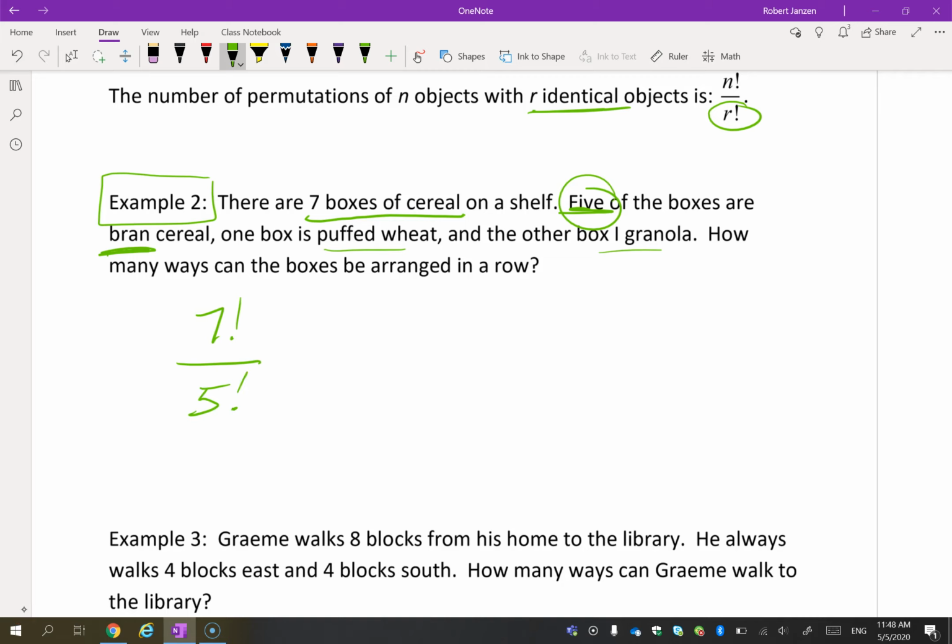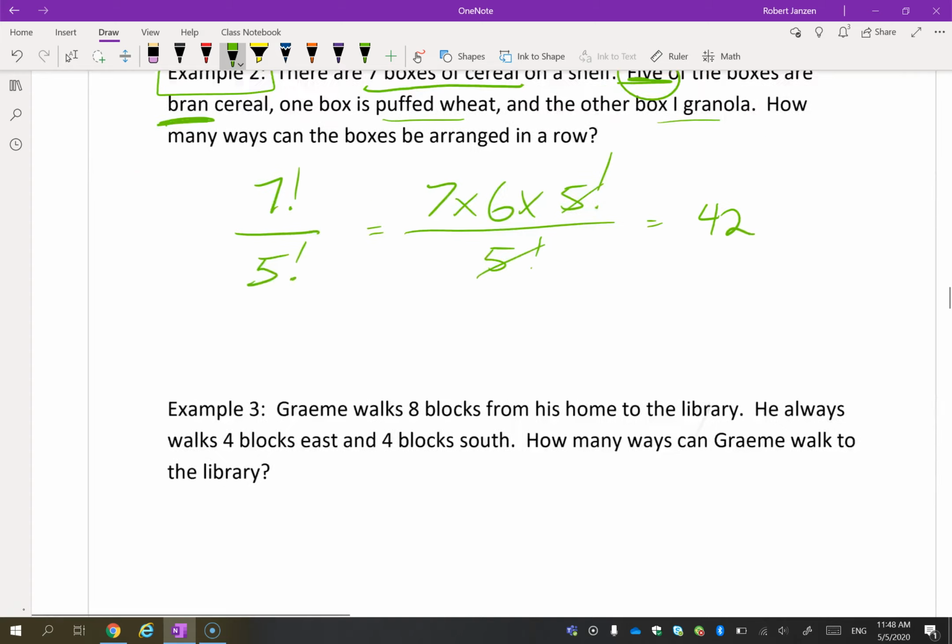So 5 identical objects. Now we can solve this by doing it this way. So there are 42 ways to rearrange those boxes.